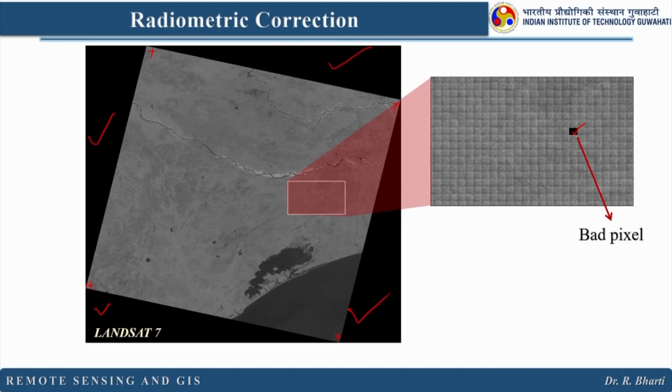But what happens when you have shot noise? You may have several bad pixels distributed randomly in this particular image. They will be known as shot noise, right. All these will be 0 or 255. That is the case of shot noise, but for this bad pixel, we have to calculate the value.